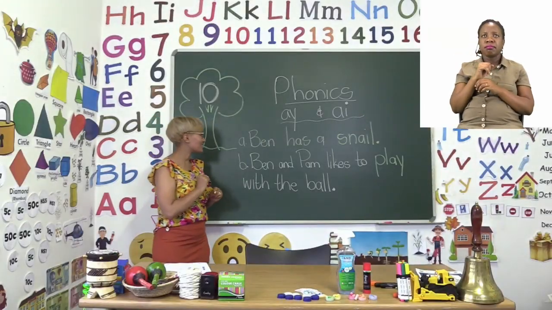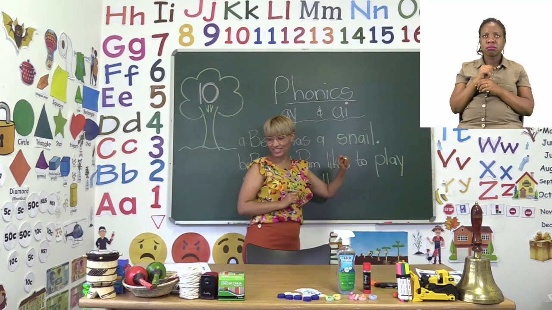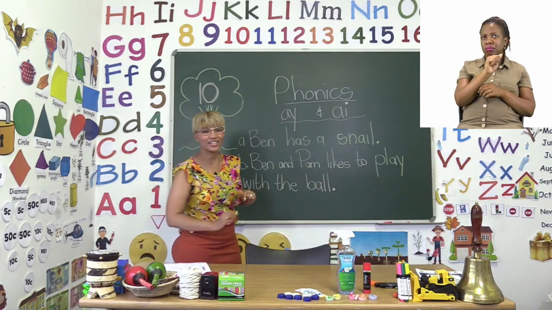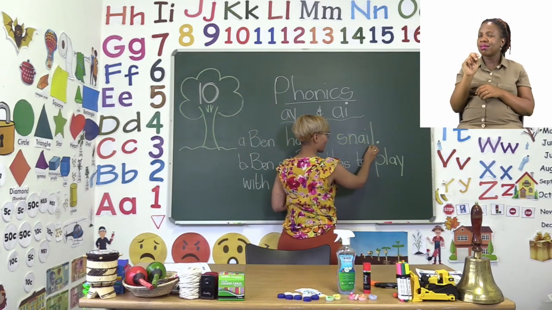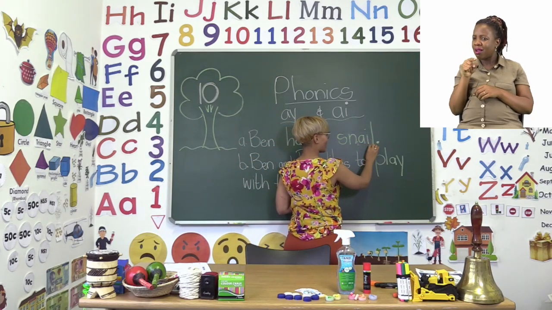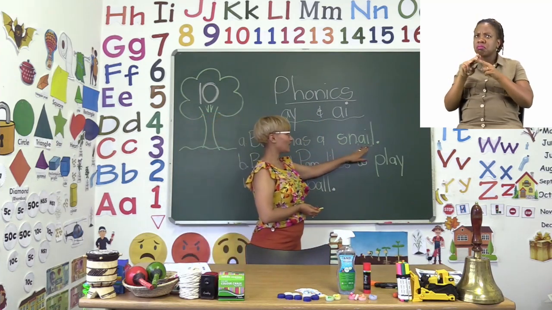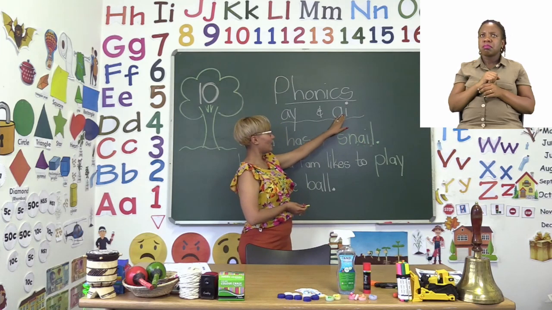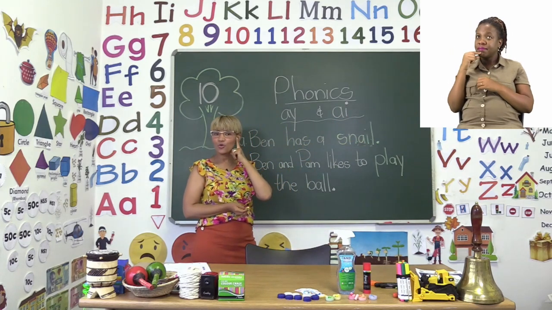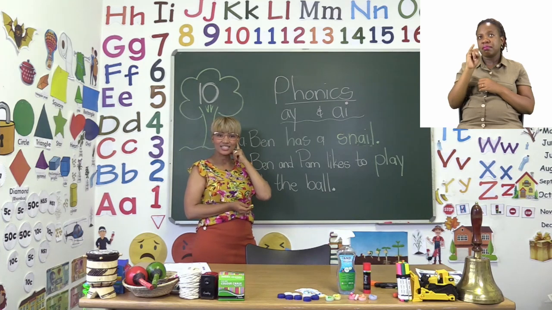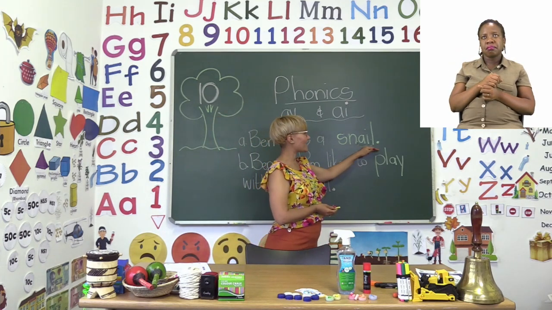Now the first sentence reads, Ben has a snail. If you look carefully, boys and girls, you will see that this is the AI digraph that we have used here. So snail is written with AI, but you can still hear the sound A, snail.